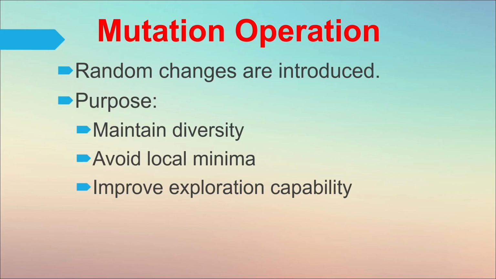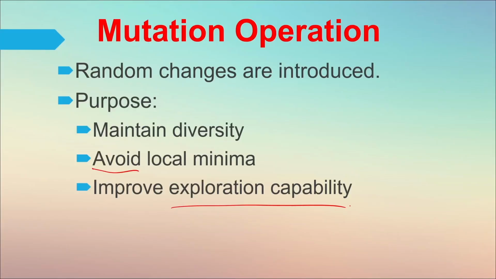When you want to maintain diversity of the explored solutions, the mutation operation is very essential. Also it avoids the local minima, as I said. It helps the search process come out of the local minima. And for exploration, it tries to explore all the possible values. Wherever some new locations have to be explored, this mutation operation will be very helpful.